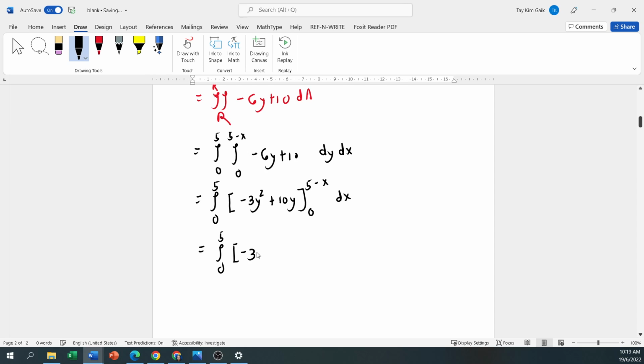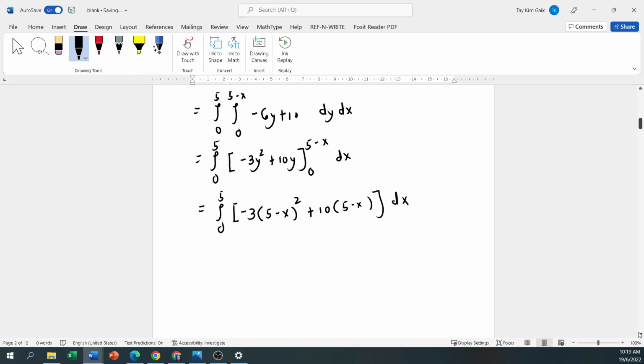So negative 3 times, substituting y is 5 minus x squared, plus 10 times 5 minus x. Substitute lower limit, everything 0. You may directly use the scientific calculator to evaluate it, or you want to evaluate manually.